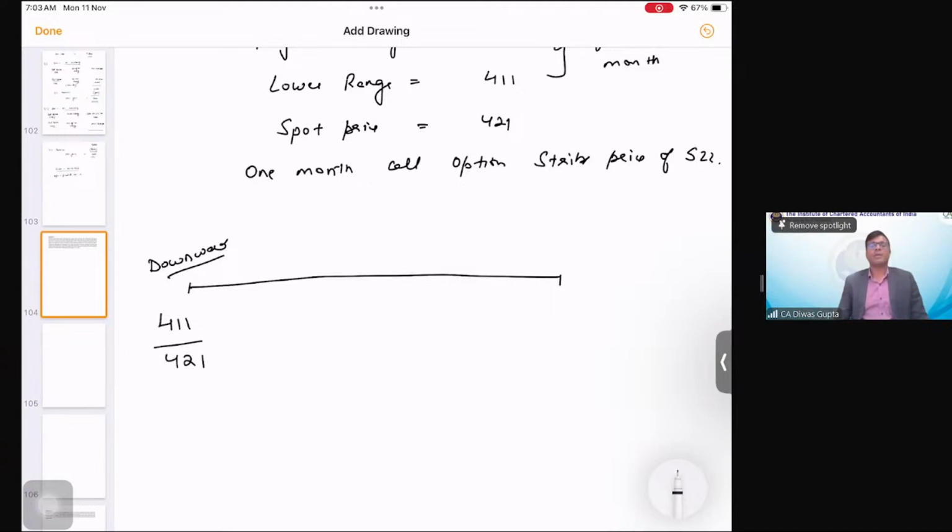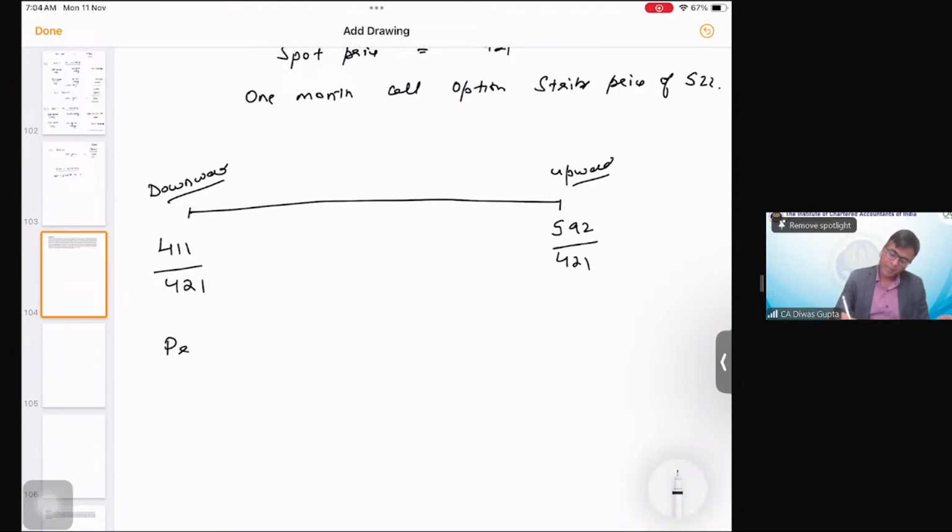So this becomes the proportion of share price going down. For upward, it will be 592 divided by 421. Again, this is the proportion of share price going up.